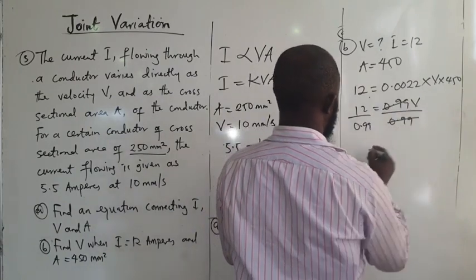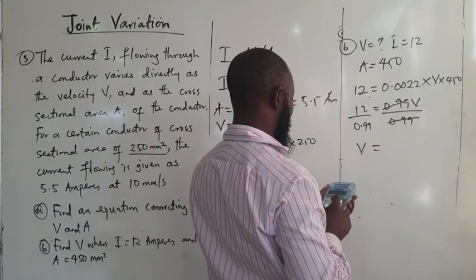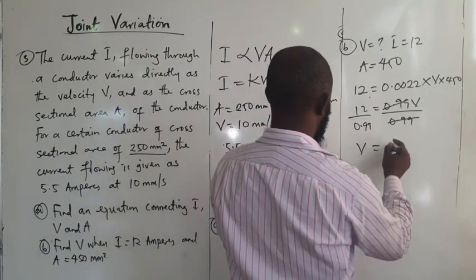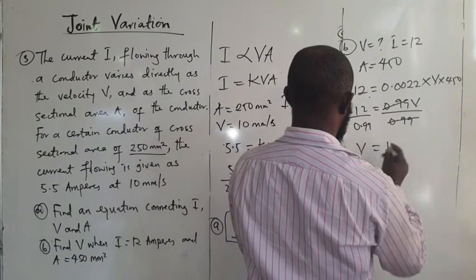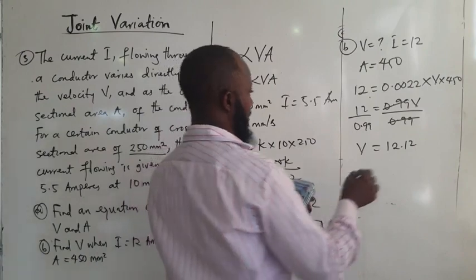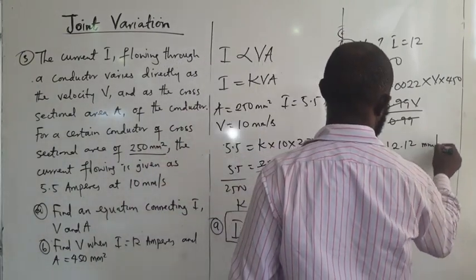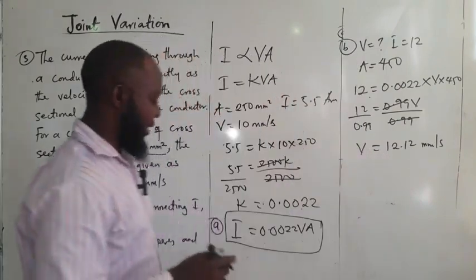This cancels this. Then V equals 12 divided by 0.99, and that gives us 12.12. That is 12.12 millimeter per second. So that is that on this.